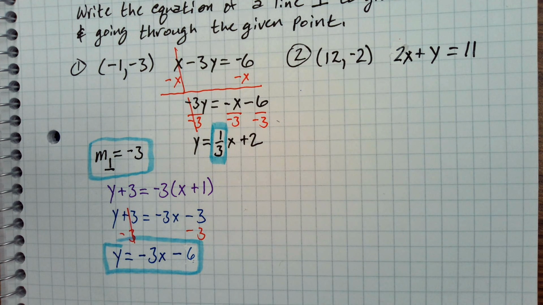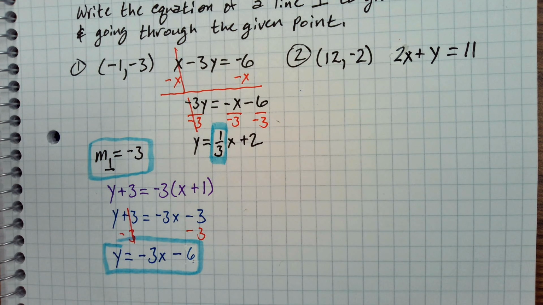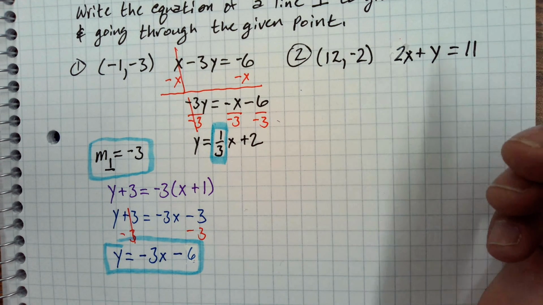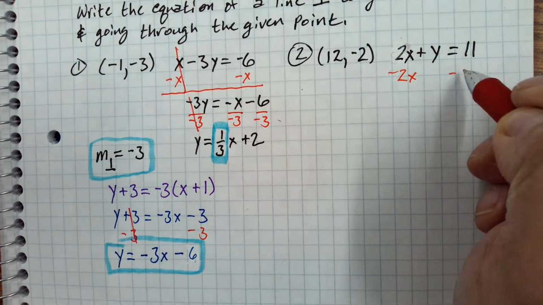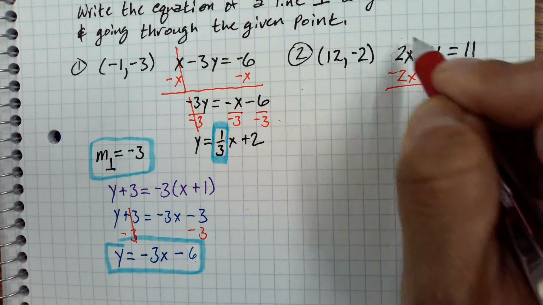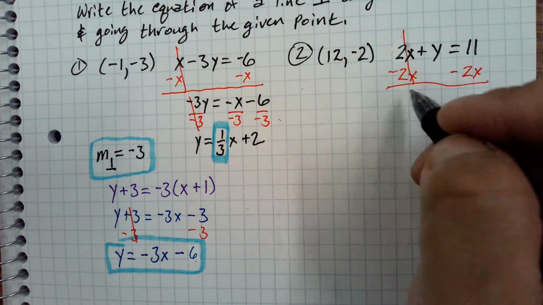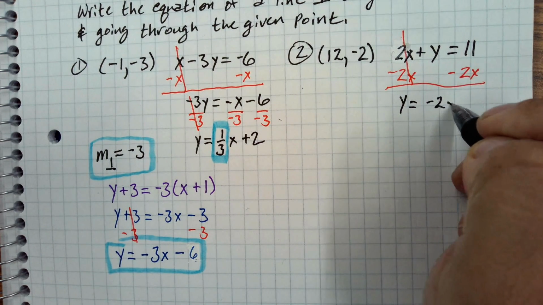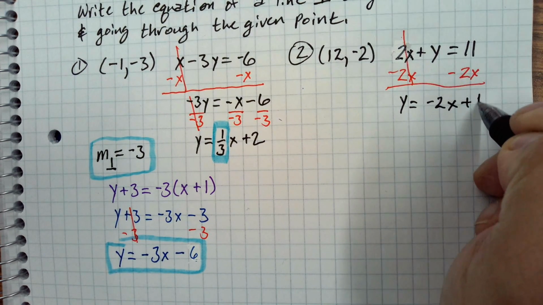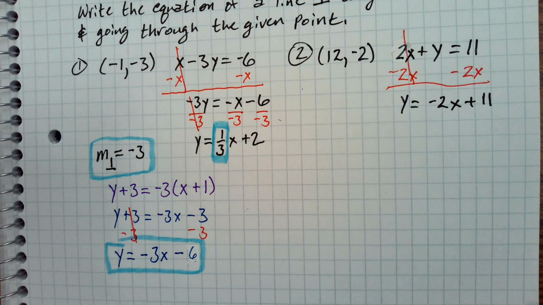Okay, so we got 2x plus y equals 11. So what are we going to do here? And so it's y equals, and we stop.